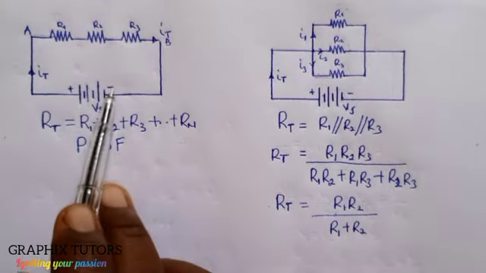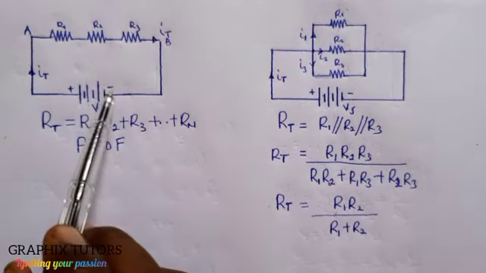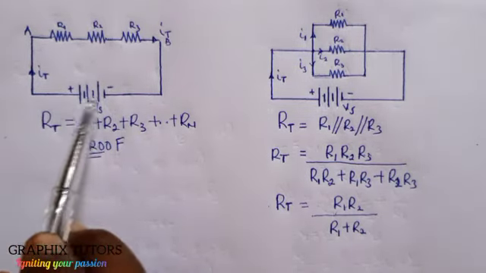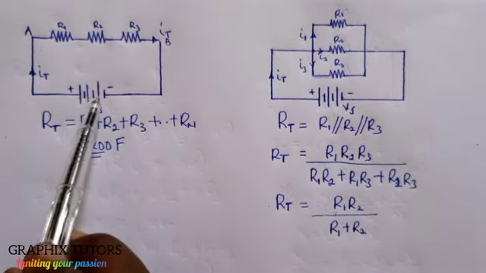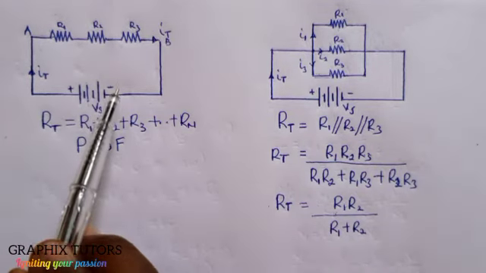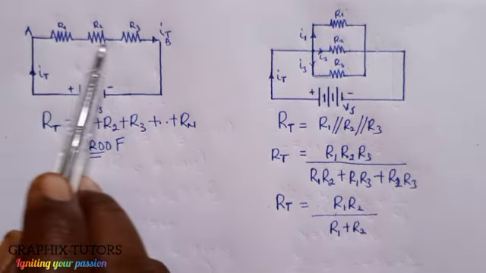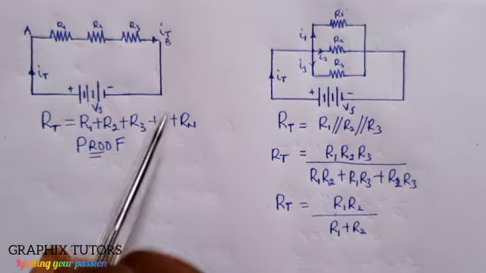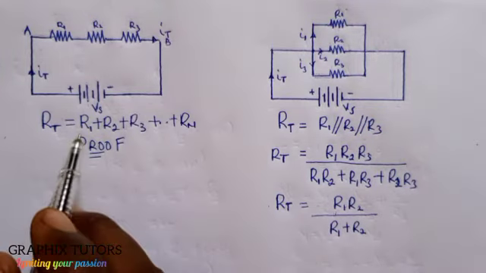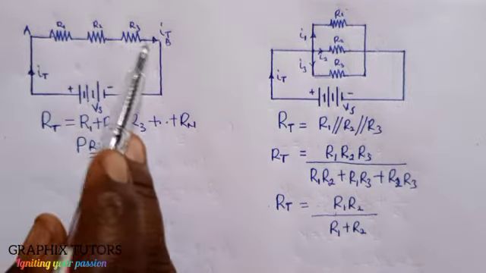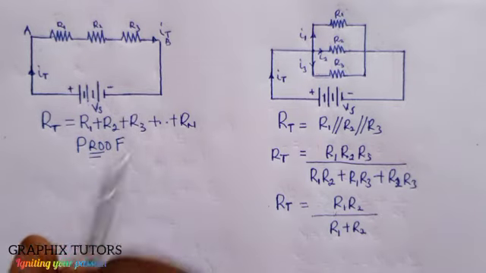In this case here, when the voltage source produces a current, we say that the same current flows through each resistor, correct? But the voltage across each resistor is different.